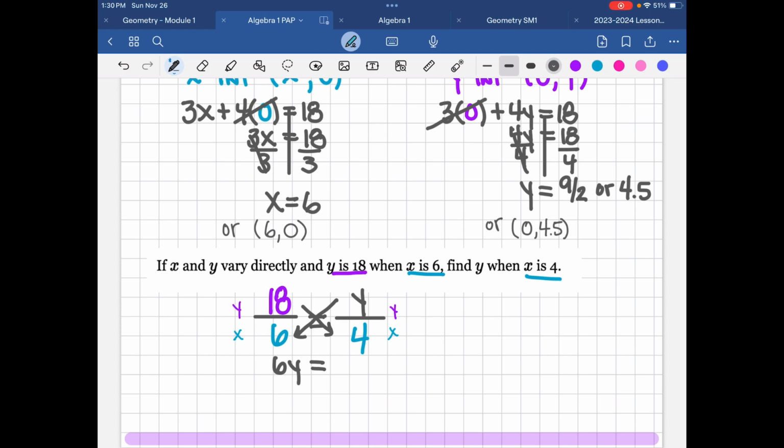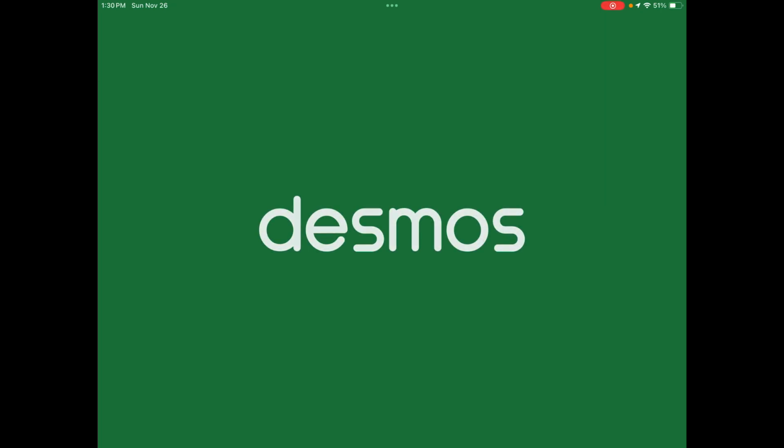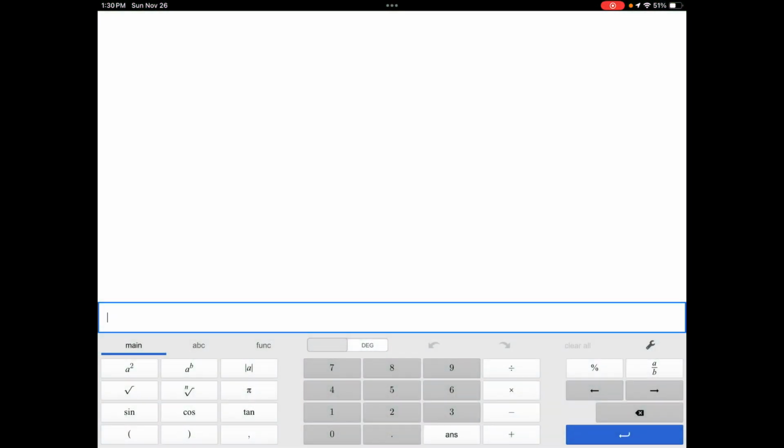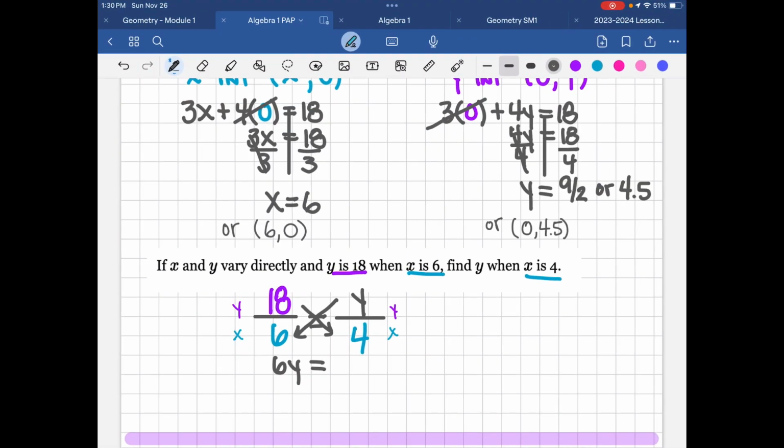Let me go into Desmos really quick. 18 times 4 is 72. There we go. And then I am just going to divide by 6.